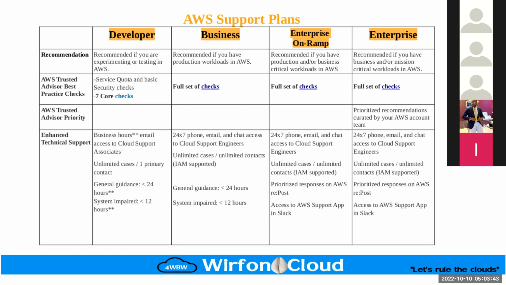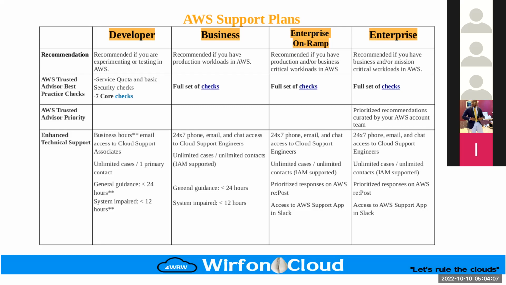On the enterprise on RAM, we have 24/7 phone, email, and chat access to cloud support engineers, unlimited cases or unlimited contacts, IAM support in bracket. Prioritized responses on AWS repos, access to AWS support app in Slack.